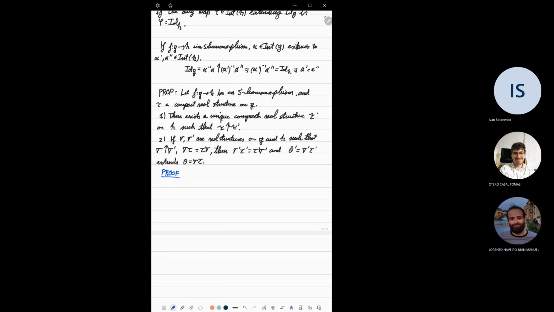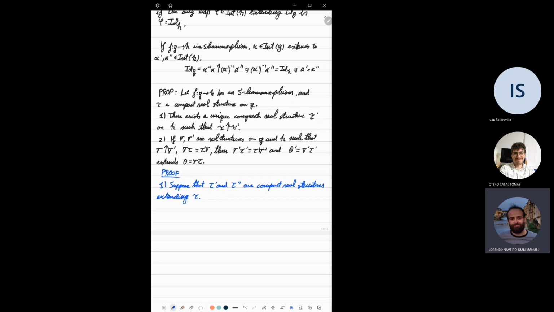So for the proof, in the first part, we simply have to see the uniqueness. So now suppose that tau prime and tau second extend tau. And what we saw is that these two compact real structures must differ by an inner automorphism that extends the identity.